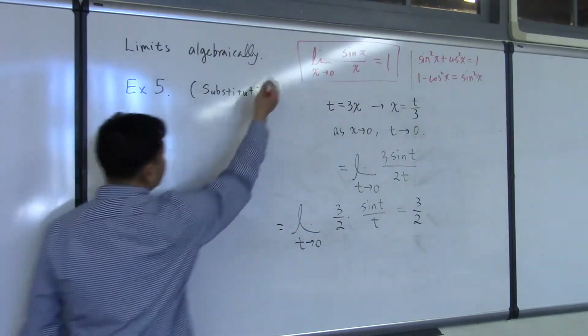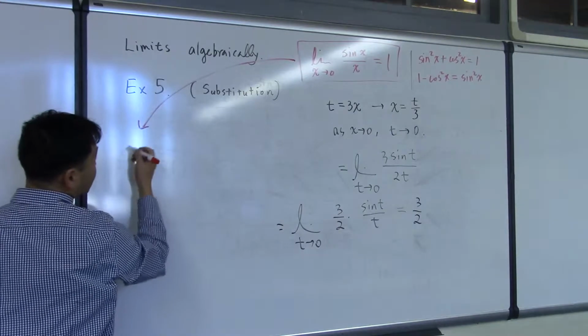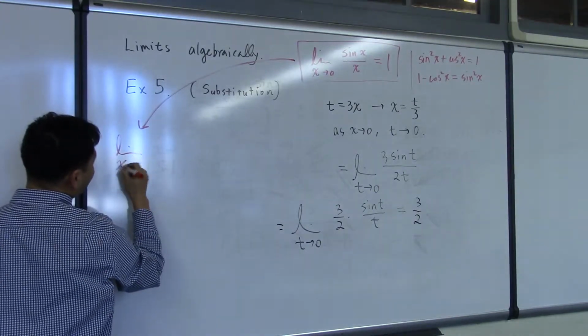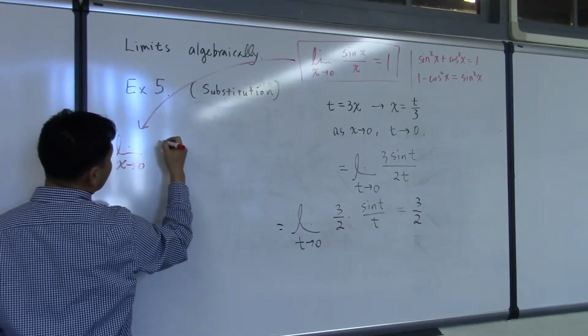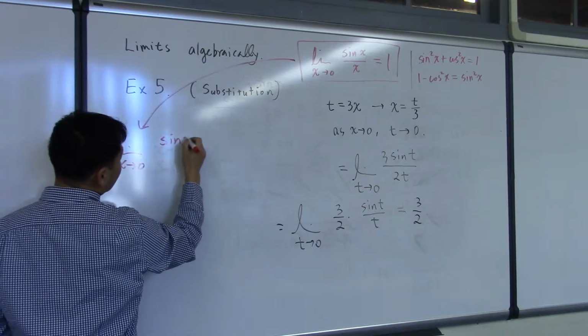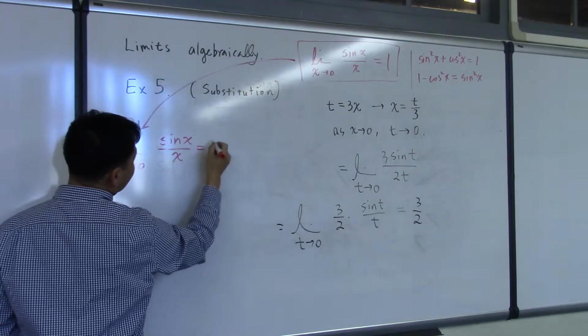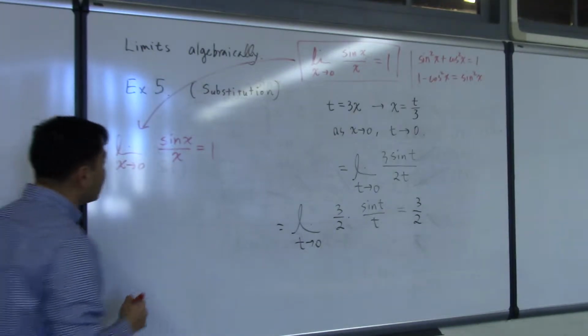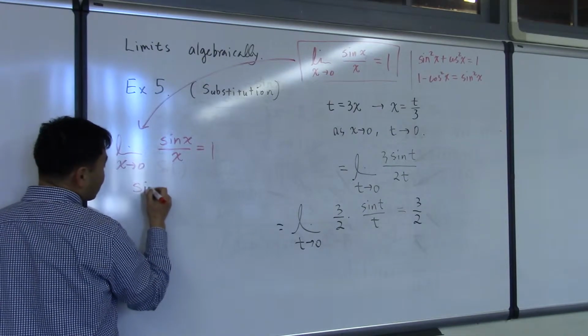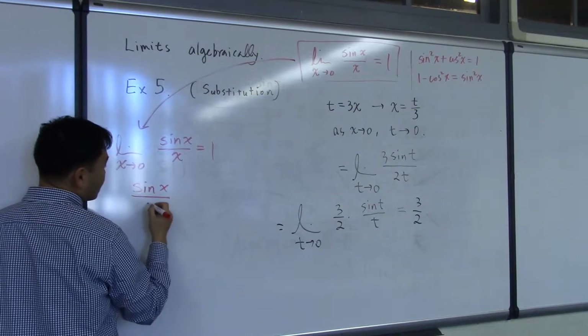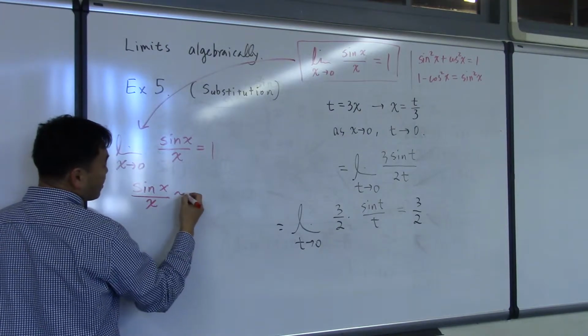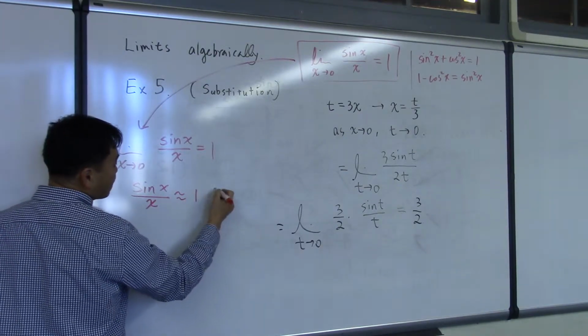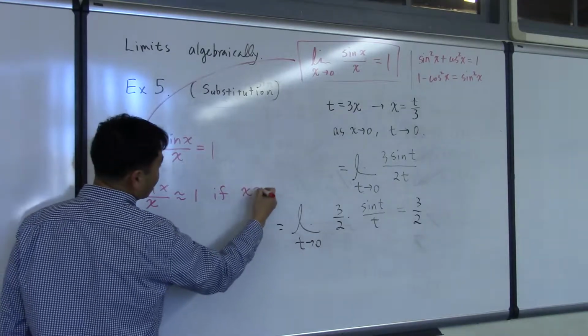When you say the limit as x goes to 0 of sine x over x is 1, this really means that the value of sine x over x is very close to 1 if x is close to 0.